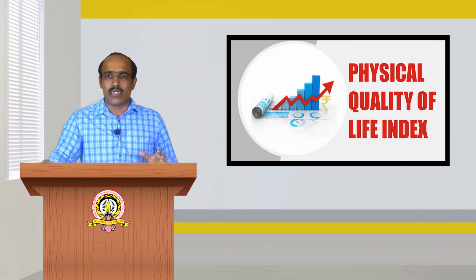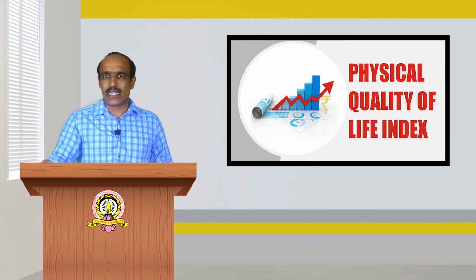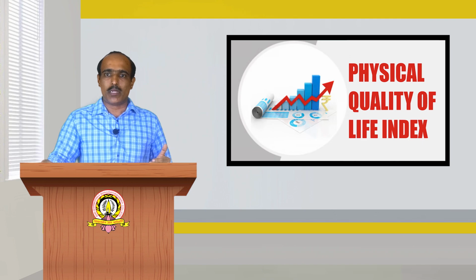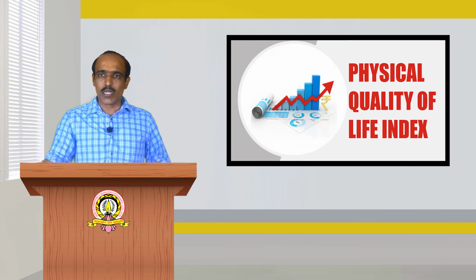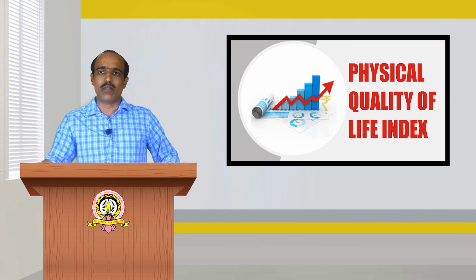And when we discuss the indicators, apart from income, apart from GDP or money, there are two more indicators which are involved in measuring economic development. So, in this respect, the physical quality of life index is different from the previous indicators of economic development.